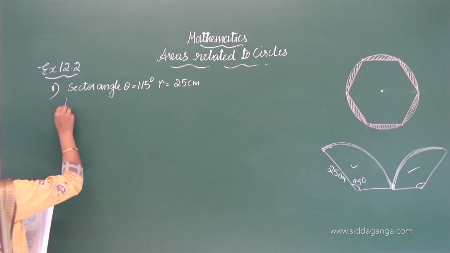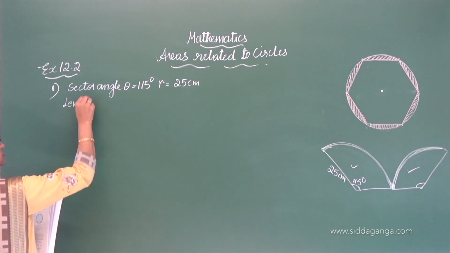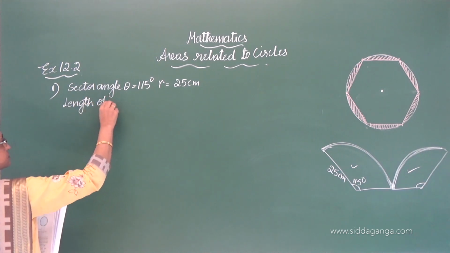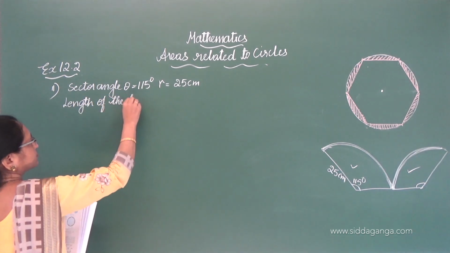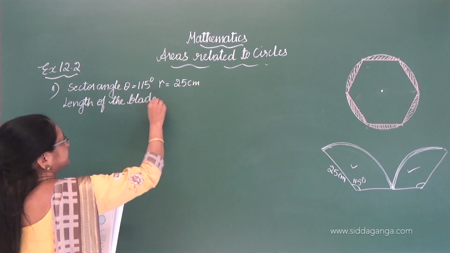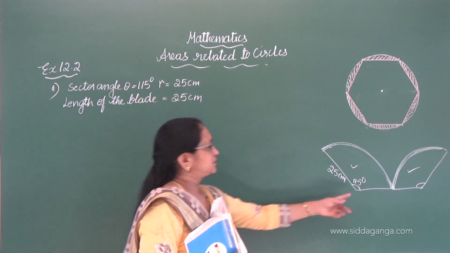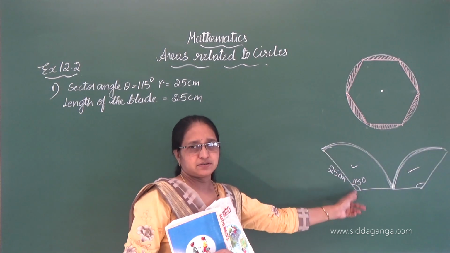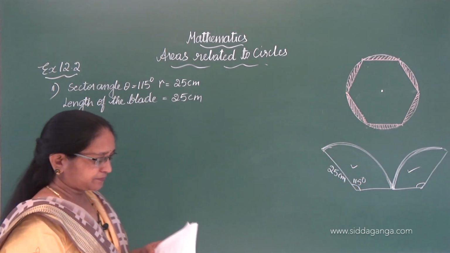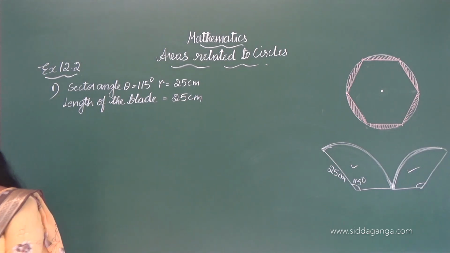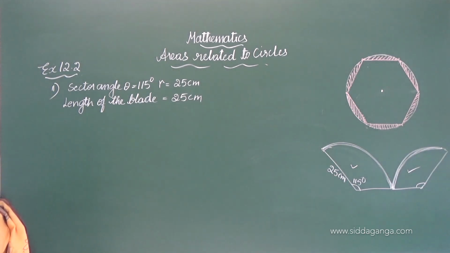Understood? So here you can write length of the blade is equal to 25 centimeter. That is nothing but radius. See, you can understand radius.